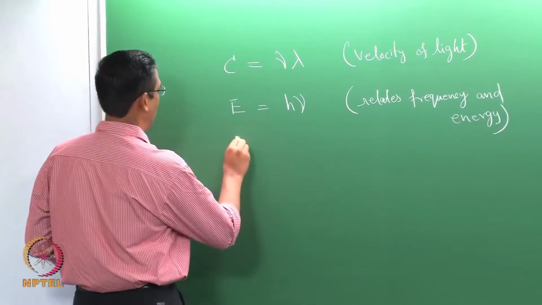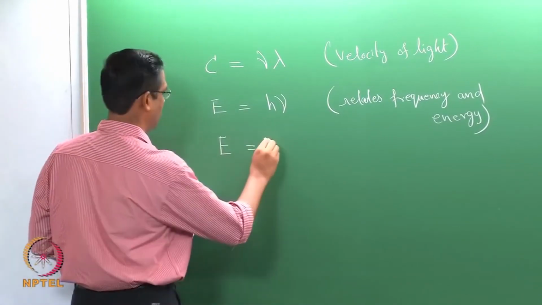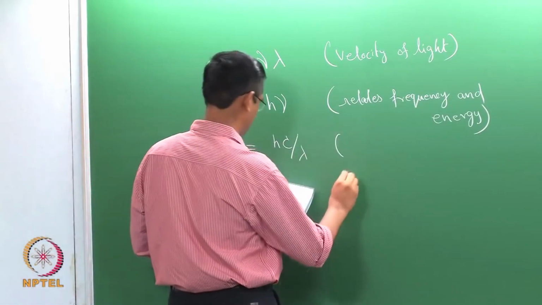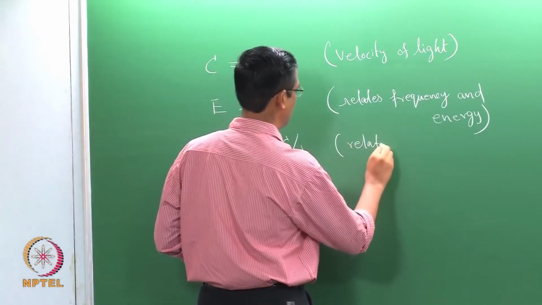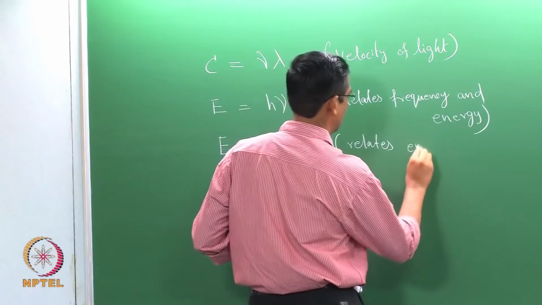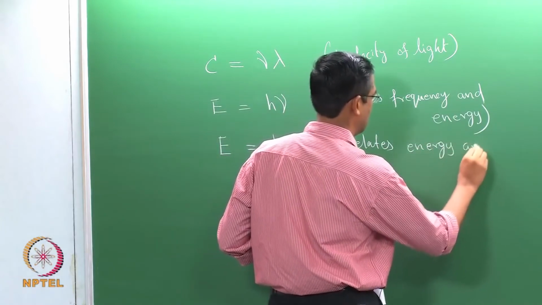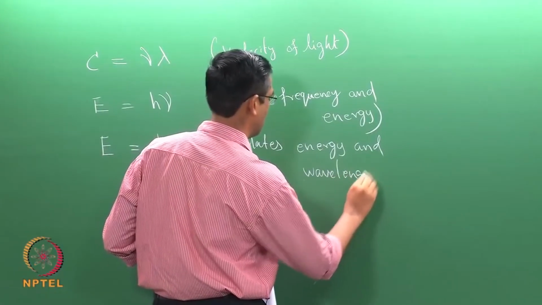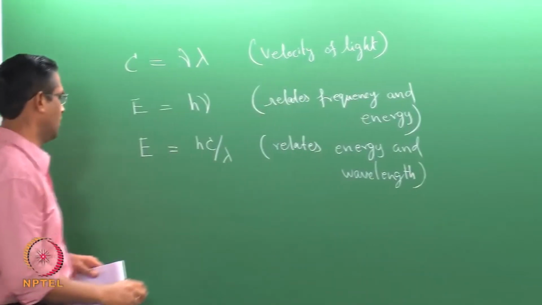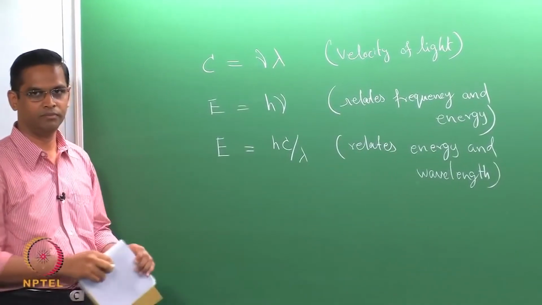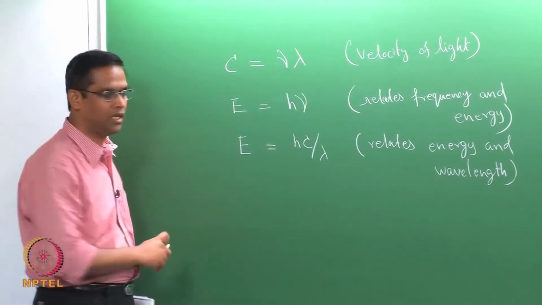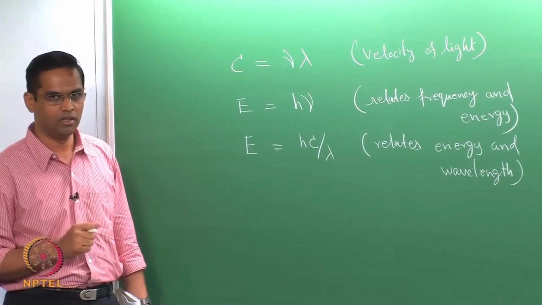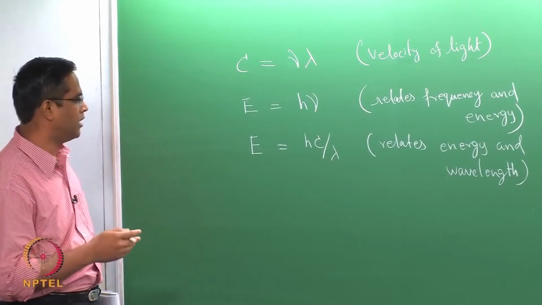And third, you have a relation which relates energy and wavelength, and you can see that electromagnetic radiation with a shorter wavelength will have a higher energy in this whole electromagnetic spectrum.